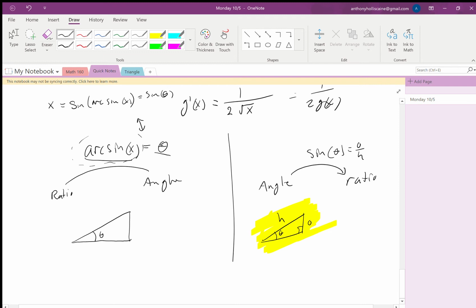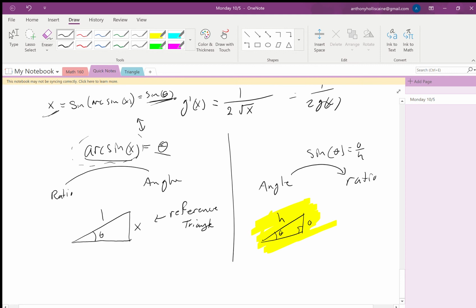So I'm using substitution here. This lets you know that sine of theta is equal to x, which means this is x over 1 is a way to think of it. We need to get a ratio of x. This is called a reference triangle, and we're going to end up using it a lot.